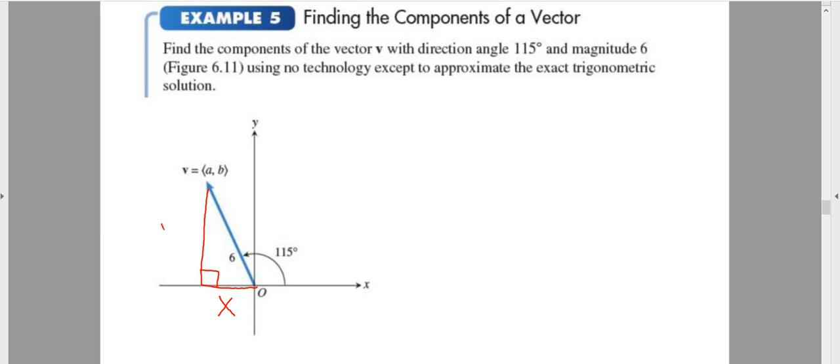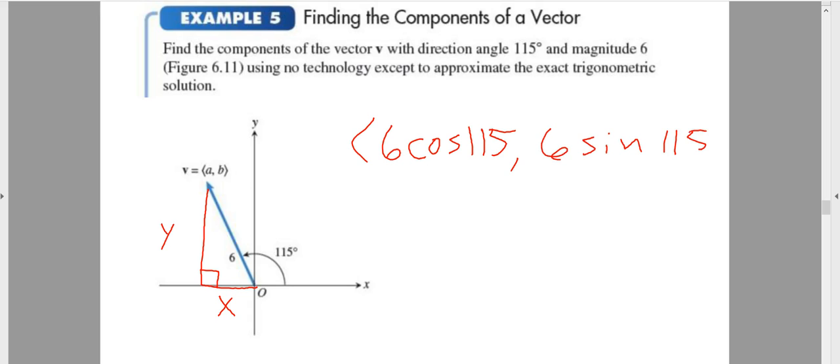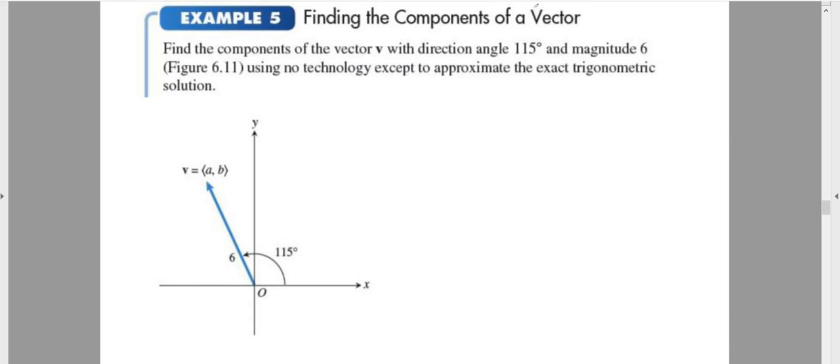So what you would need to do is 6 cosine 115 and then 6 sine 115. What mode should your calculator be in if you're typing this on a calculator? Degree. Nice. Make sure you have it in the right mode, otherwise you'd get the wrong decimal approximations. That would be bad.